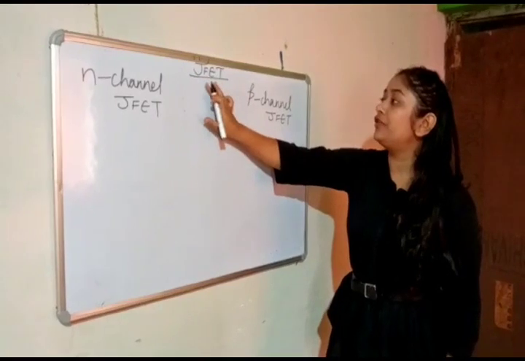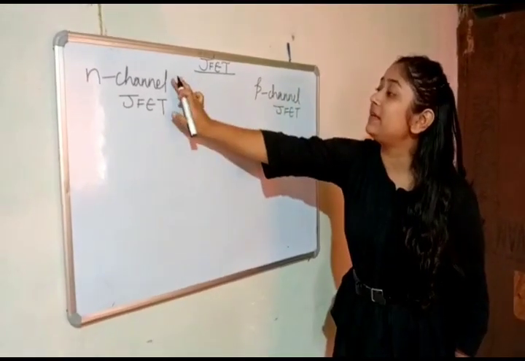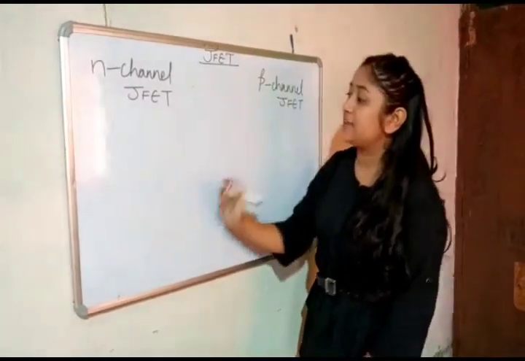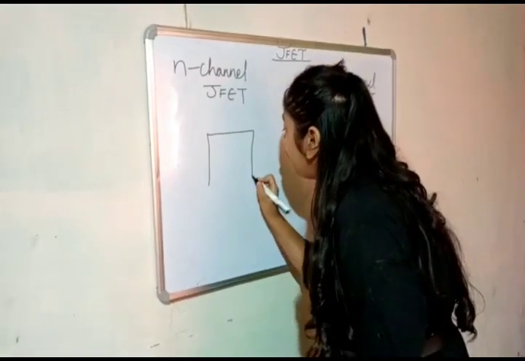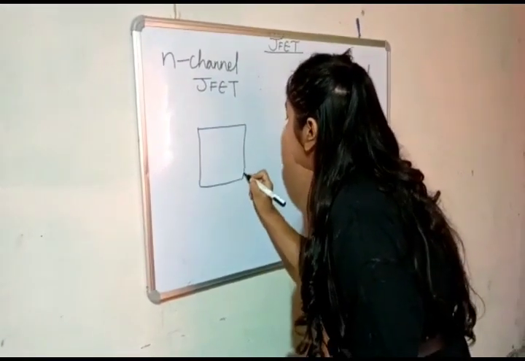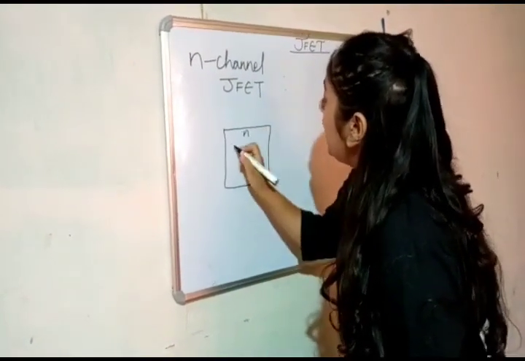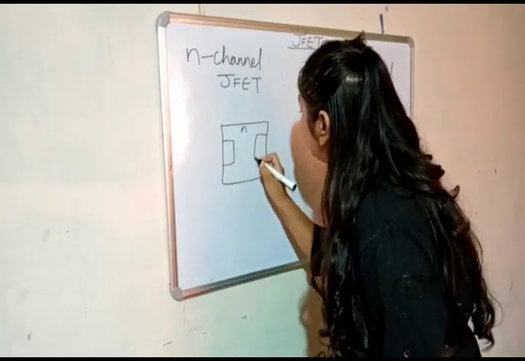JFET is divided into two parts, that is N-channel JFET and P-channel JFET. In N-channel JFET, the major portion is made up of N-type material, and P-type material is embedded into it.